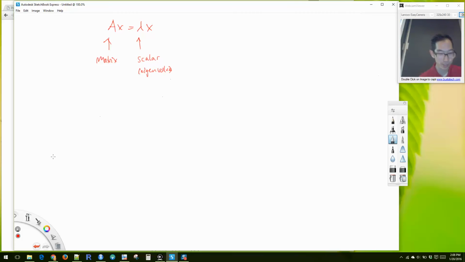And then the x here would be an eigenvector. My handwriting is terrible today, so let me just rewrite this.